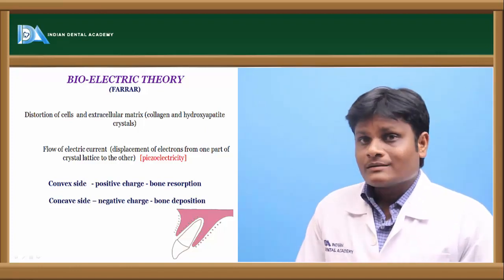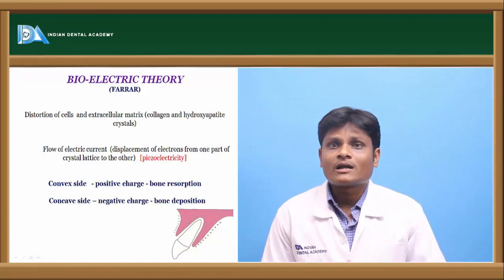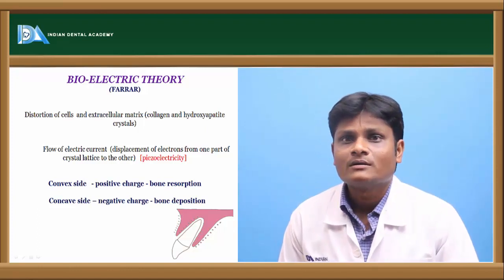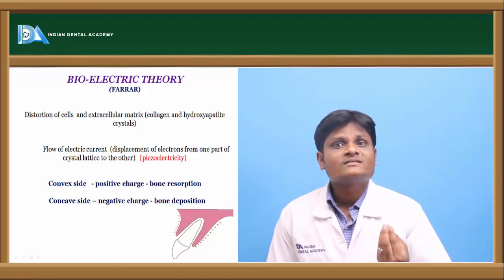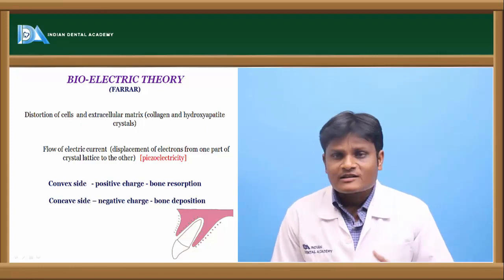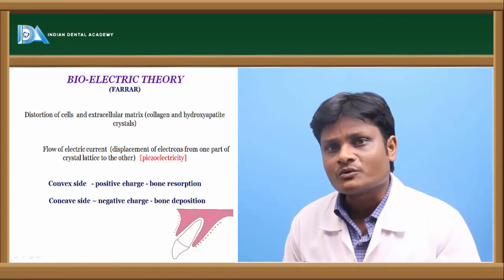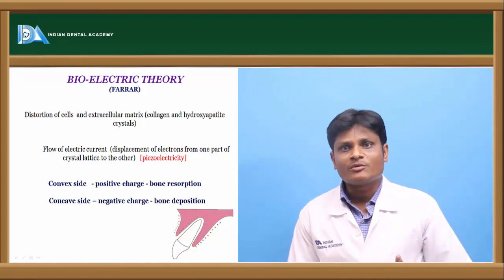Further, these electrons will be bathed in the fluid in the periodontal ligament, creating an electric potential in the periodontal ligament fluid, and this is called streaming potential. So, in response to orthodontic force, there will be distortion of the periodontal tissue, which will lead to generation of piezoelectricity and streaming potential.